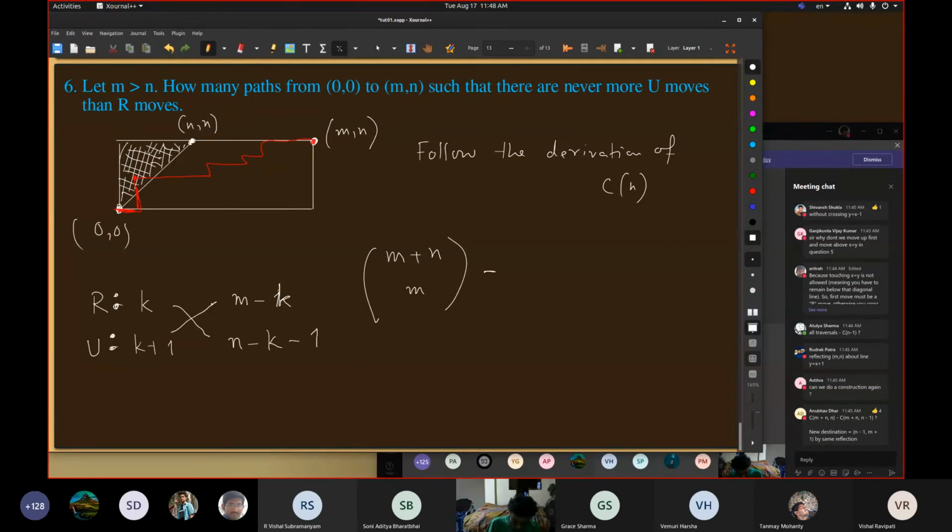So where do you end up? Swap r and u after this, and then you will end up in n minus 1 comma m plus 1.